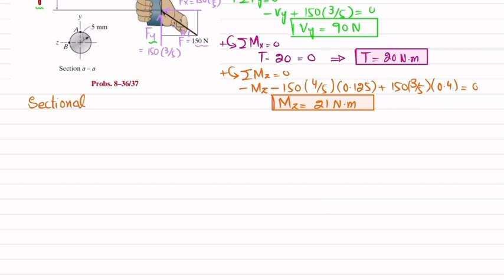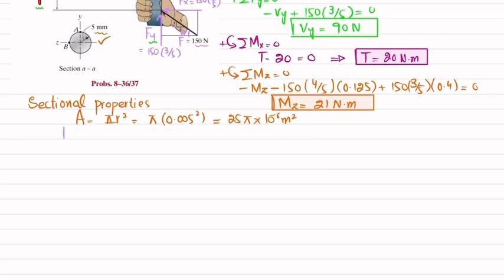So, sectional properties. In sectional properties, we have to find the area, and you can see this is the cross section. So area is pi r squared. So pi into r, which is given as 5 millimeter, which is 0.005, squared. And when you solve this, you will get 25 pi into 10 raised to the power minus 6, and the unit will be meter squared.